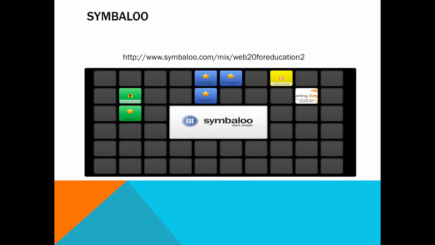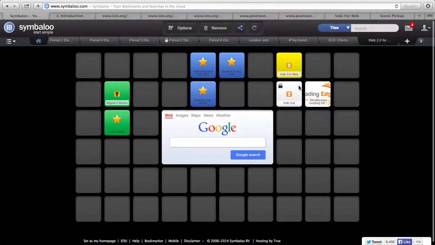If there's a topic of research, this is a great way to aggregate research for students, which I did last year when we had an interdisciplinary project with the Language Arts Department. Students were able to put their web research links right in a Symbaloo so they always knew where it was. So this is a great tool of organization, and I'm going to flip to the web version.